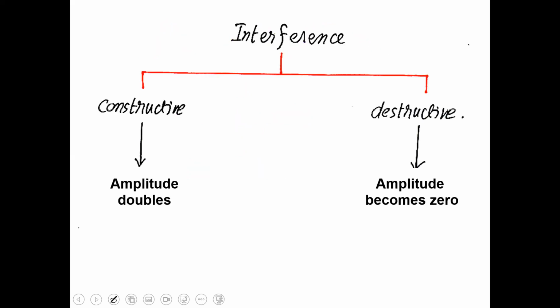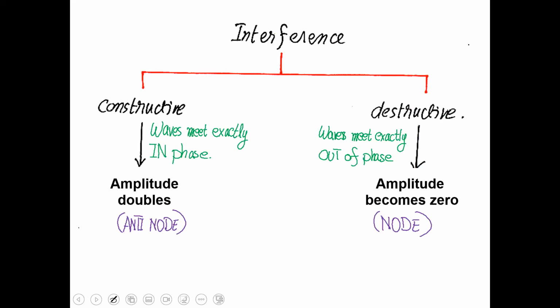There are two types of interference, as in our common life. One is called constructive interference and second is called destructive interference. In destructive interference, amplitude becomes zero ideally, and in constructive interference, amplitude doubles. But these are additional conditions. For constructive, waves meet exactly in phase.